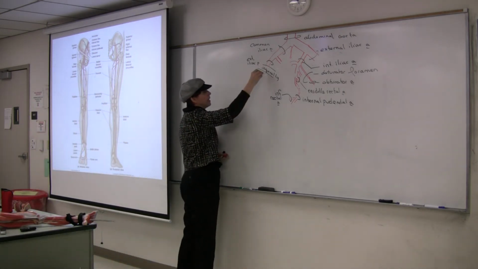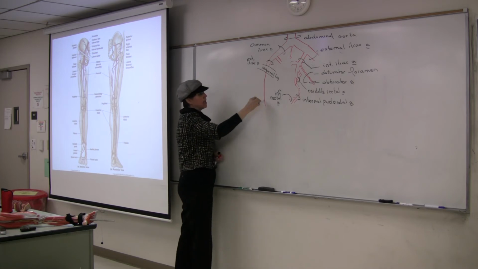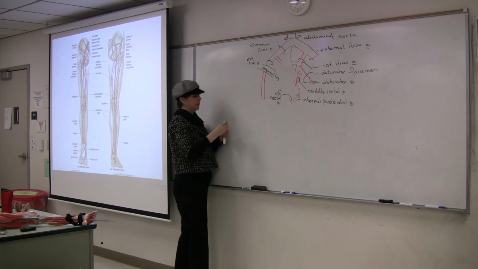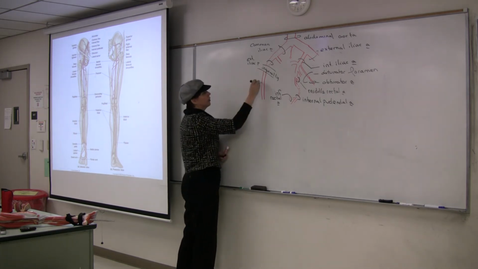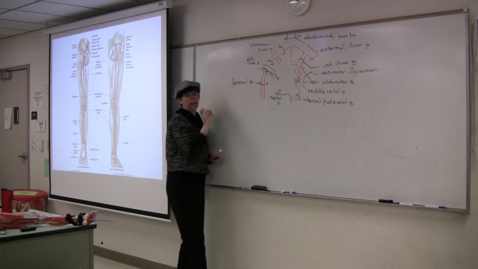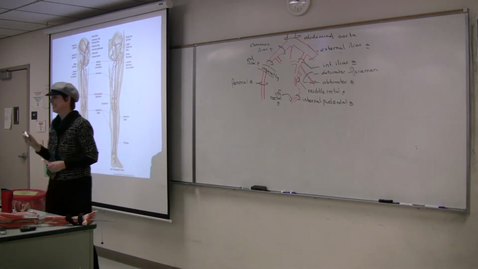So now it comes down into the thigh and it passes medial. I'm going to make it short so I can draw the leg on there. And this is femoral artery. Or femoral, I don't care how you put your syllables.